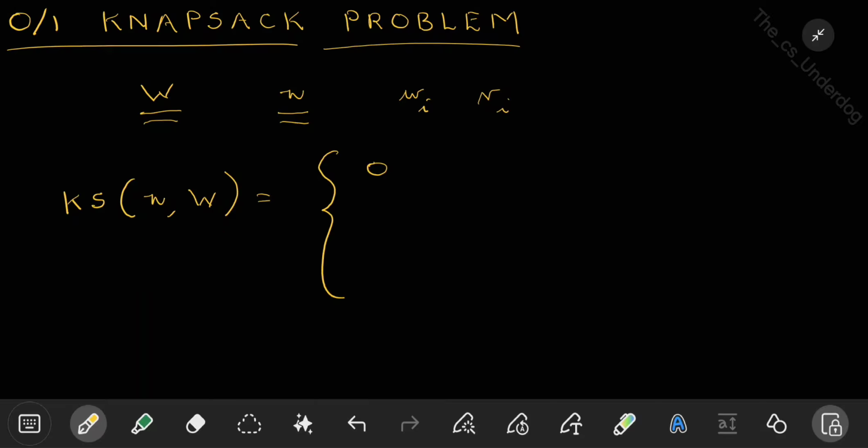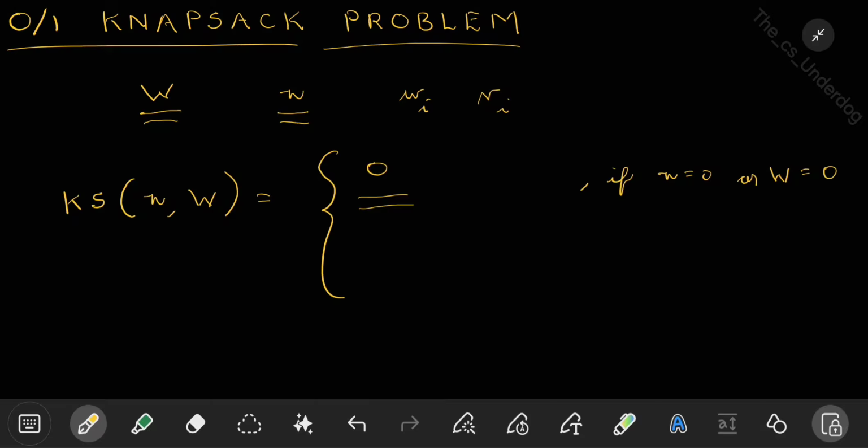So the answer is 0 if either n is equal to 0 or W is equal to 0. Your 0-1 knapsack problem is directly solved if either n or W is 0.